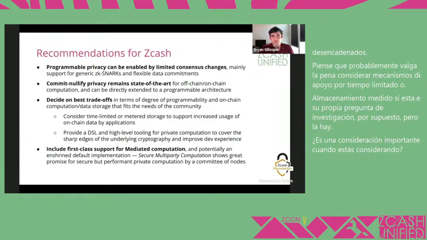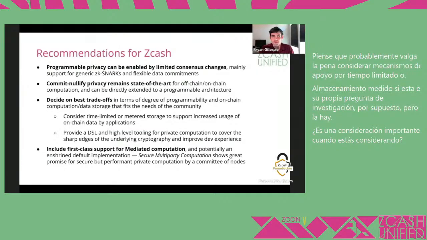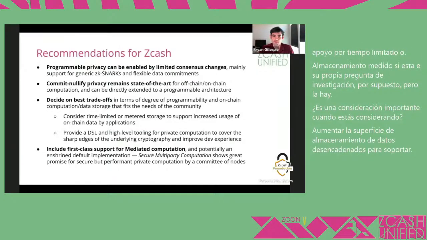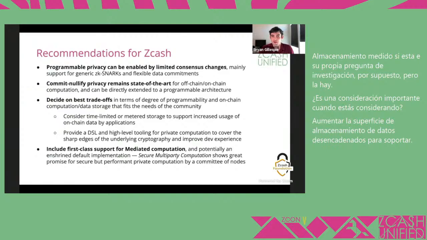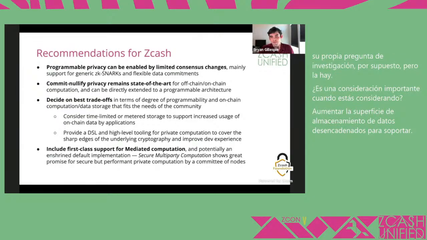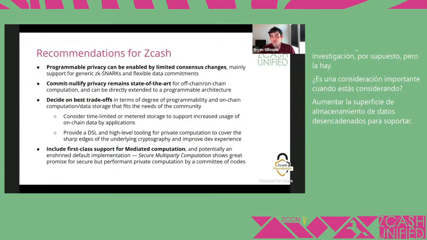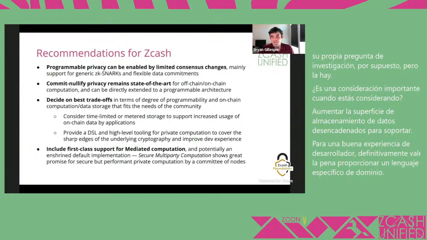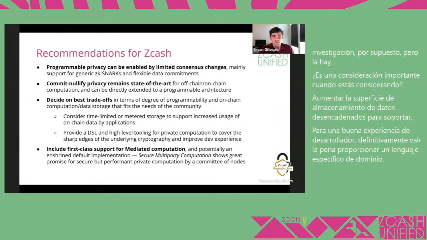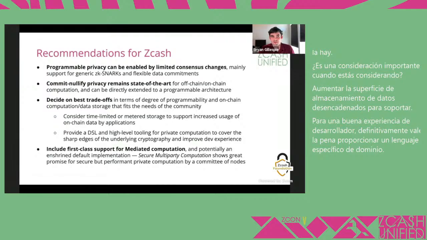To support a good developer experience, it is definitely worthwhile to provide a domain-specific language and high-level tooling of some sort for private computation. There are pre-built options available from various places in the ecosystem and other infrastructure.